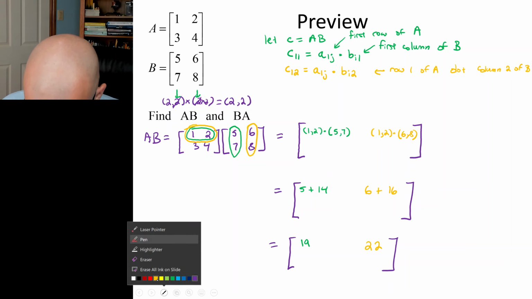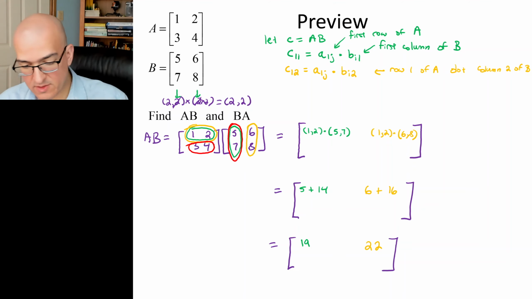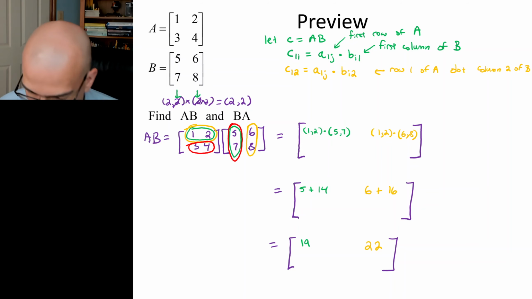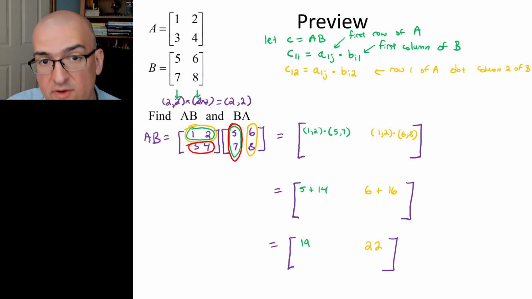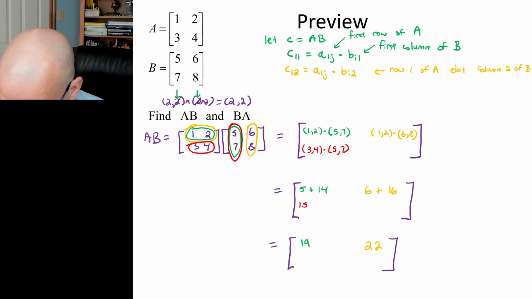And now get another color. I'm going to do the second row of that first matrix times the first column. And that'll go down the bottom left. 3, 4, dot 5, 7. So let's do the dot product. 3 times 5, 15. 4 times 7, 28. And then add them together, 43.